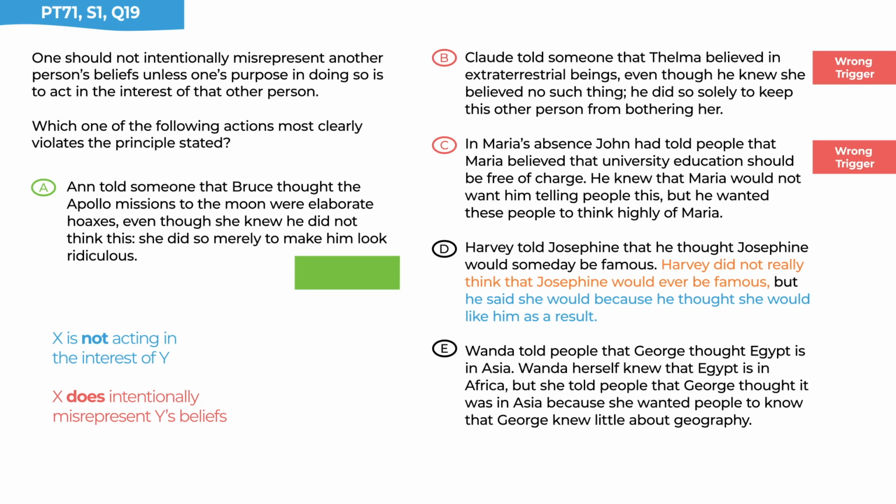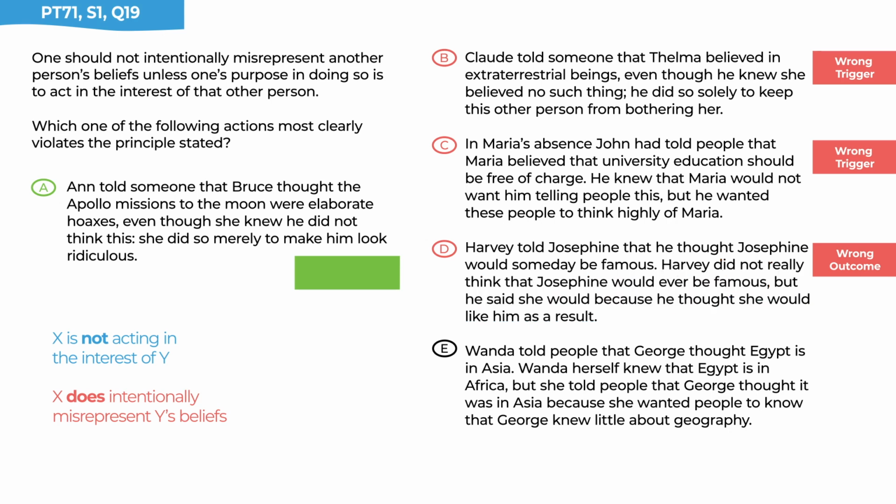No, he intentionally misrepresents his beliefs. He lies about thinking that she'll one day be famous, but that's not covered by the rule. This rule is saying you shouldn't intentionally misrepresent what other people believe. It doesn't say whether or not we're allowed to intentionally misrepresent our own beliefs. Get rid of D because it doesn't match the outcome.